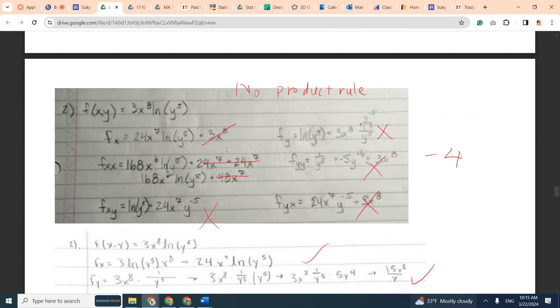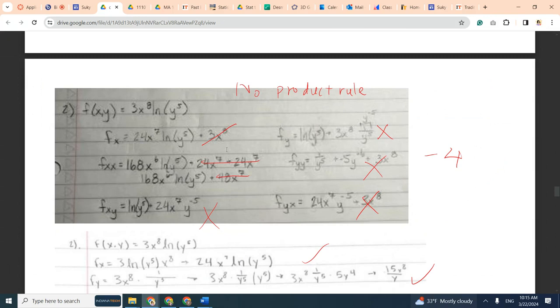Similarly, fy, the 3x to the 8 is like a constant. Copy it down and differentiate ln y to the 5th. So when you do this kind of problem, make sure to slow down. Because if you get your fx and fy incorrect, then whatever comes after is going to be wrong.